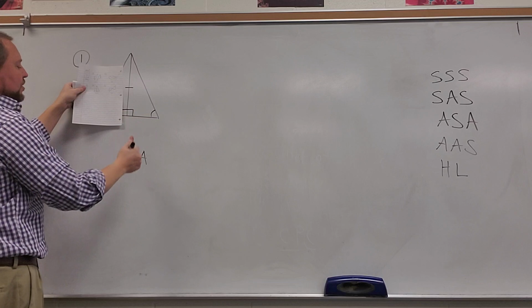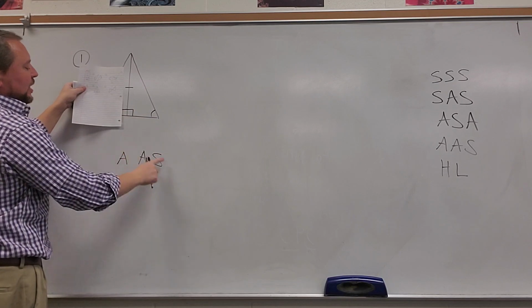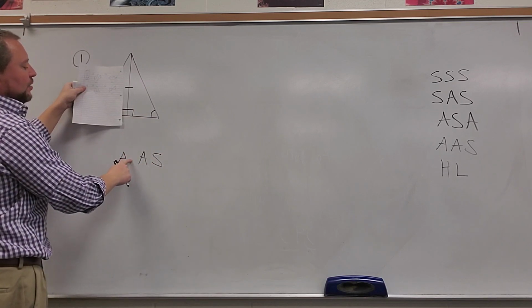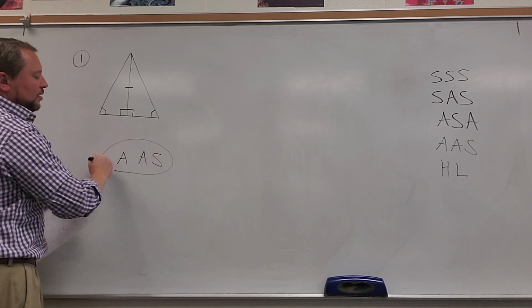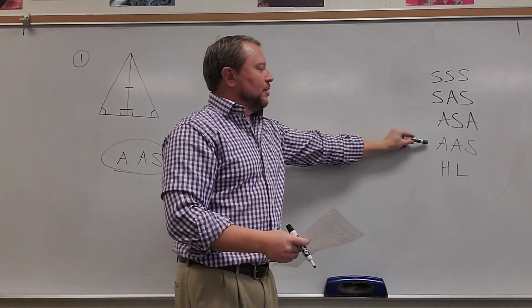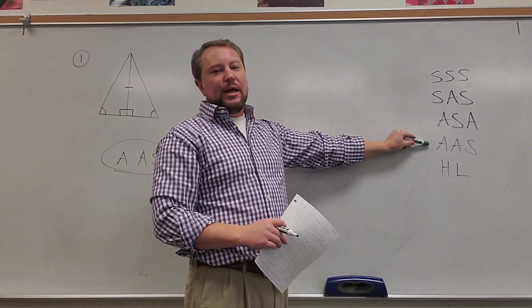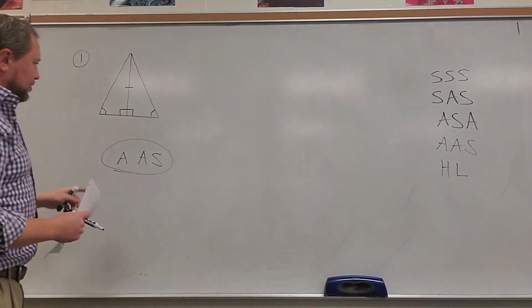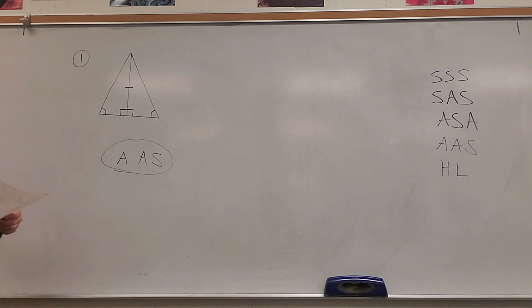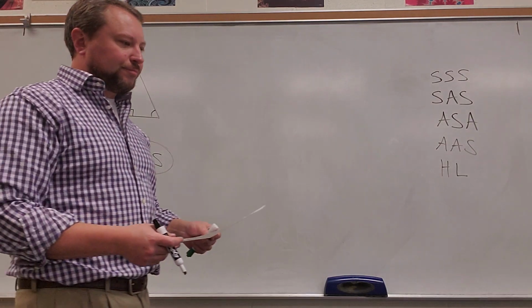That does not join the two angles, so it's outside of these angles. It's not in between. So this would be our newer shortcut, AAS, that we just learned today. So that problem now becomes possible.